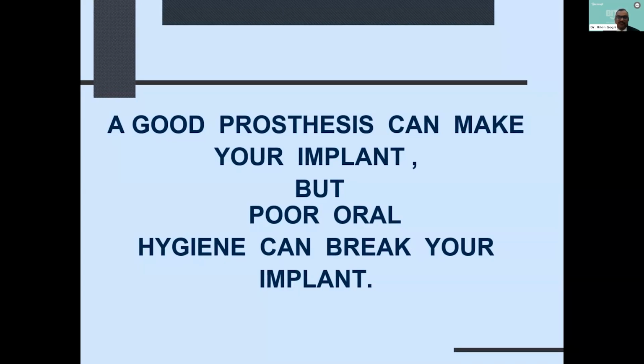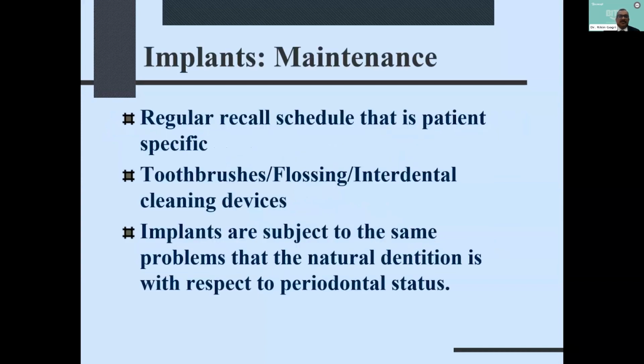However good the implant and however good the prosthesis you give, if the hygiene is not good, or the patient has any systemic contraindications, then definitely that can break your implant. You get married with the patient, and the patient will come to you again and again, which is not correctable.